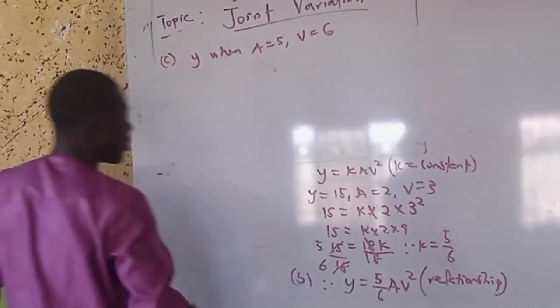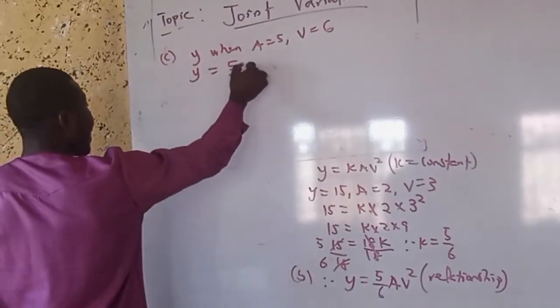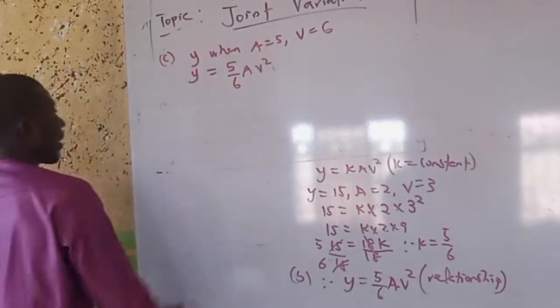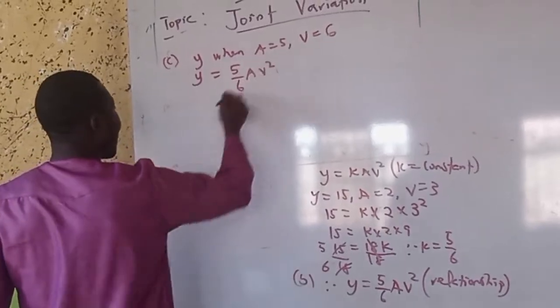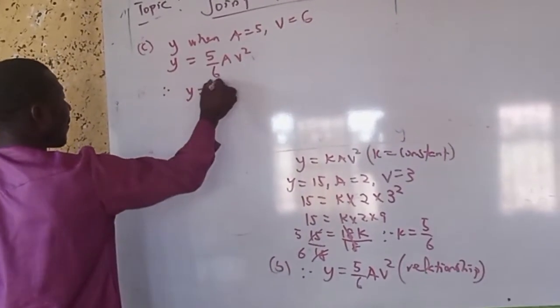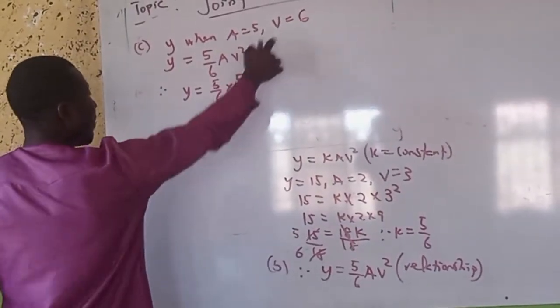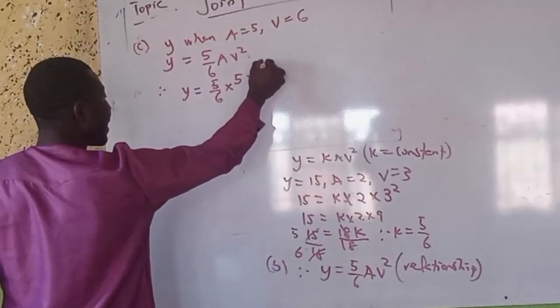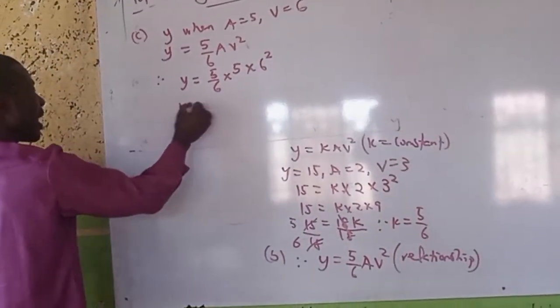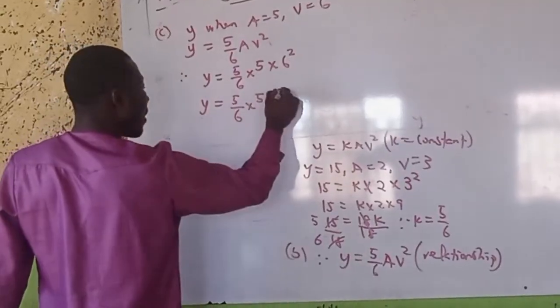Let's go back to our relationship, which says y equals 5 over 6 a v squared. Now our a is 5, so y equals 5 over 6 multiplied by 5 multiplied by 6 squared.